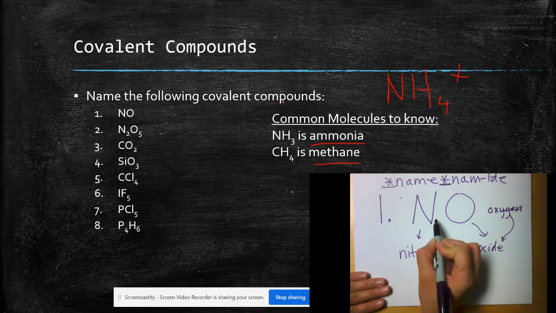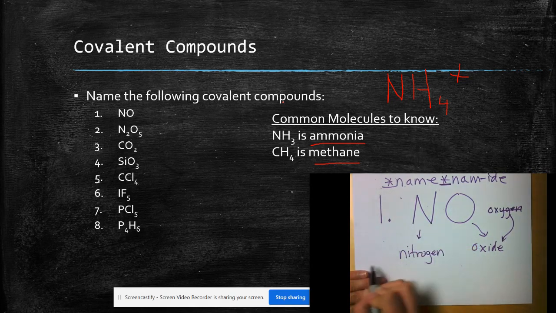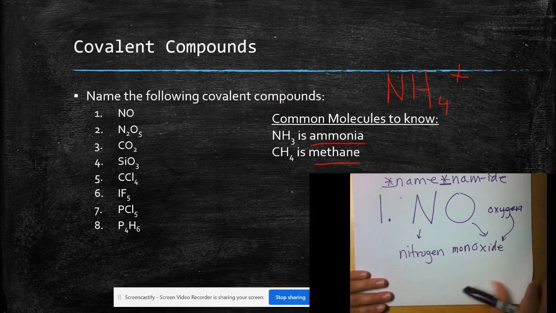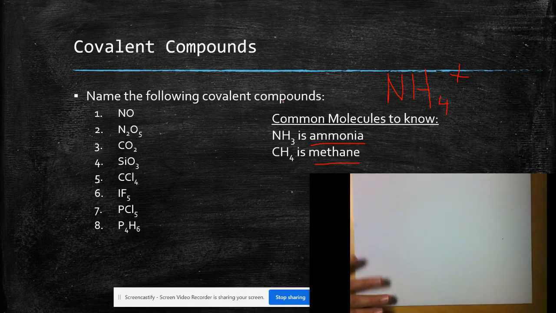So now we have the prefixes. There's an imaginary 1 here, so there's 1 nitrogen, but we don't write mono for the first element. The second one also has 1, but we do write it, mon. Notice that it already has an O. I didn't put double O's there, so nitrogen monoxide.